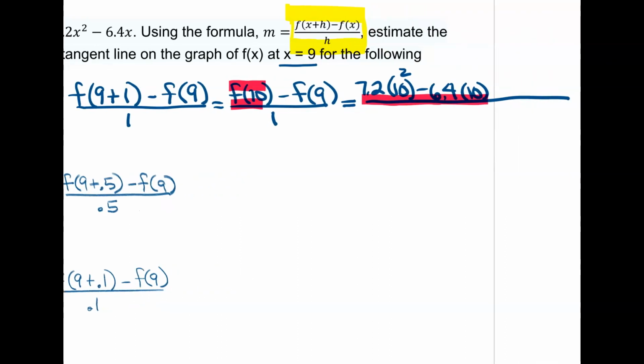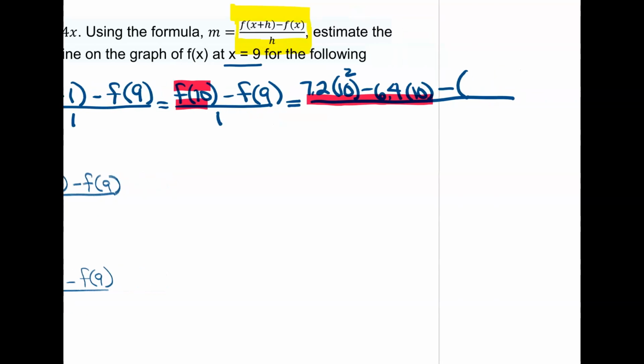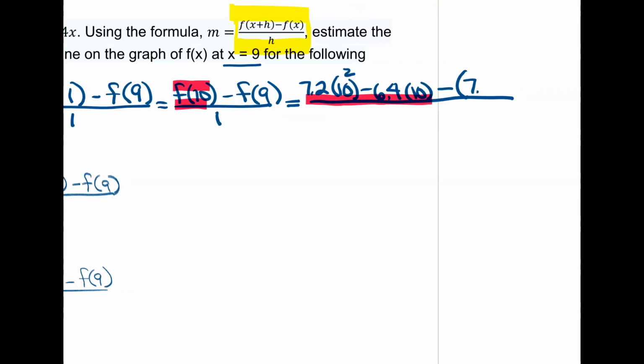Then for f of 9, we plug in 9, don't forget parentheses, into the function. So we have 7.2 times 9 squared minus 6.4 times 9. And all that is divided by 1, which is irrelevant.